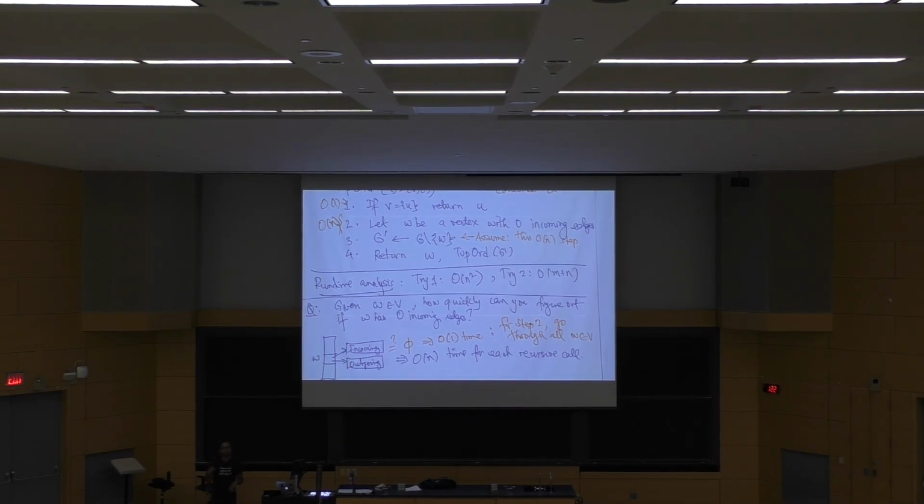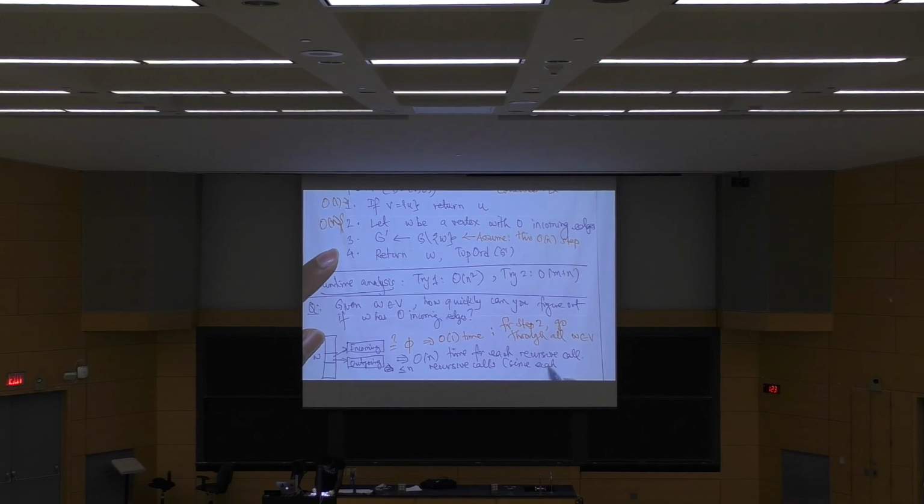So the recursive call where there are n vertices takes O of n time, and each recursive call you're throwing away one vertex. In all cases, the number of recursive calls would be at most n, and each call takes O of n time.